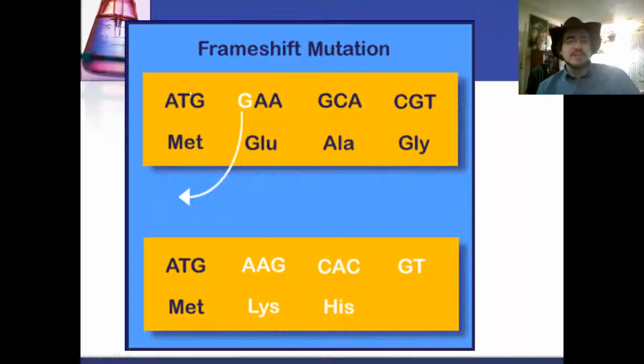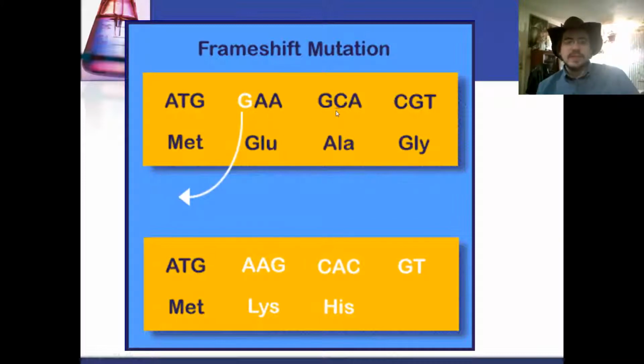Whoever made this image actually screwed up the whole fact that there's no thymine in RNA. Oh, shame on them. So AUG codes for methionine. GAA codes for glutamine. GCA codes for alanine. CGT codes for glycine.